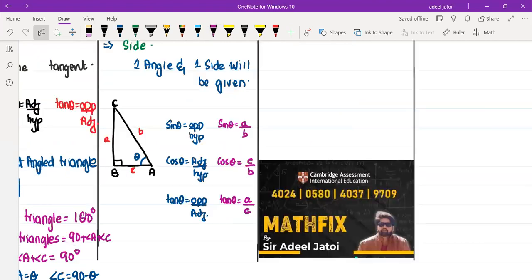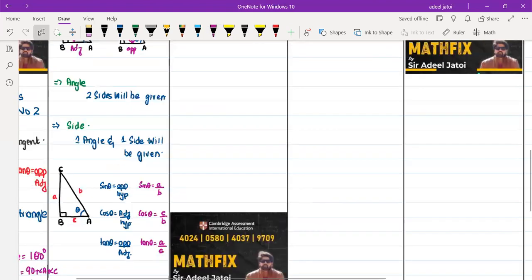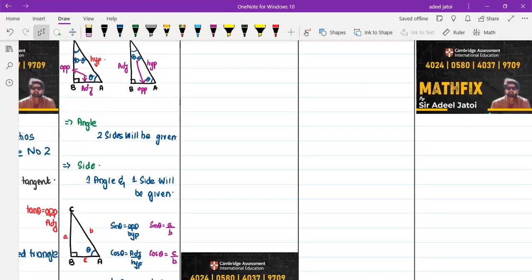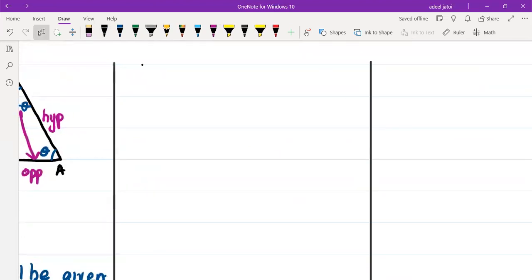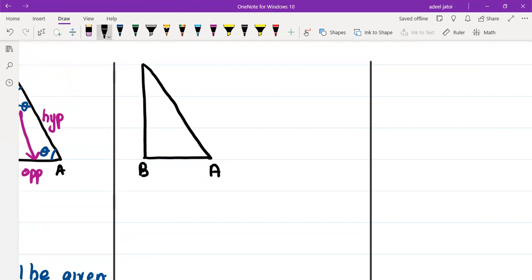Now, with the same diagram, if we create a right angle triangle again, considering that this is side A, side B, side C, that creates 90 degrees as well.